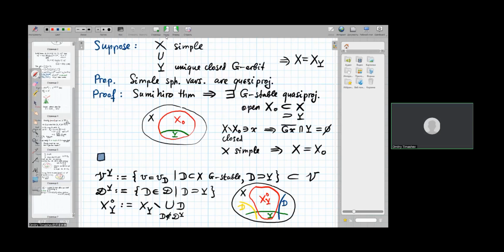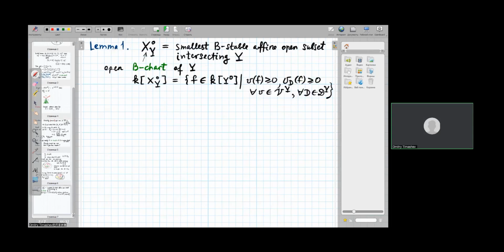If you want to have a regular function, then first this function should be regular on the open B-orbit sitting in this chart, because this chart contains, of course, the open B-orbit, Y upper naught. And in the complement of this open orbit, there sit B-stable prime divisors.